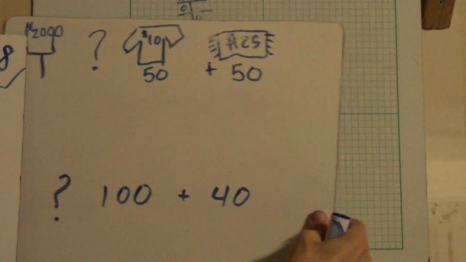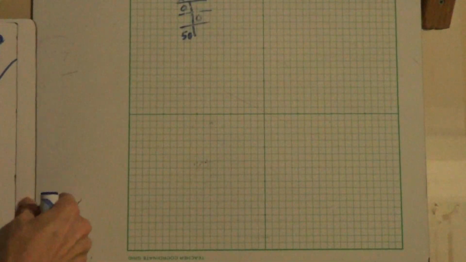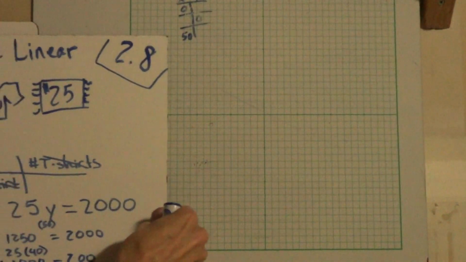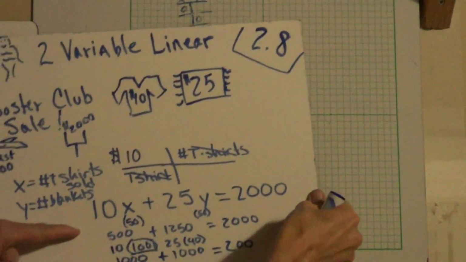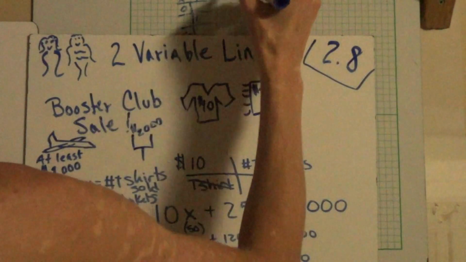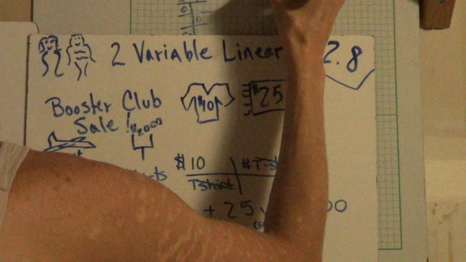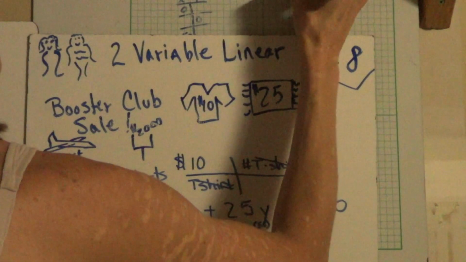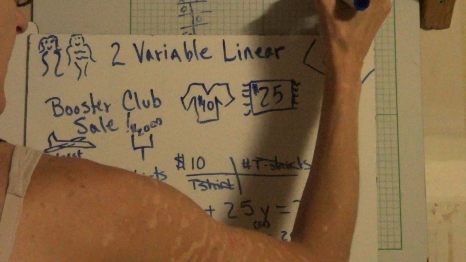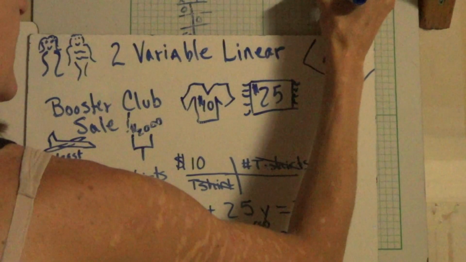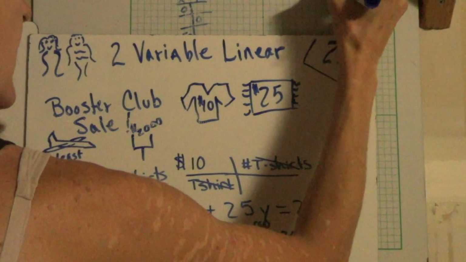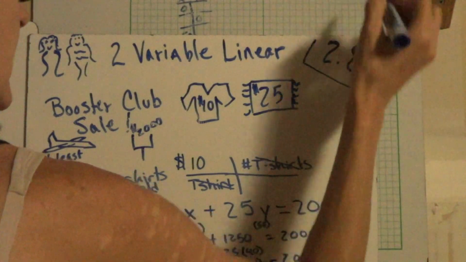Now, it may also be helpful if you just take this equation, the 10x plus 25y equals 2,000, that's your goal.